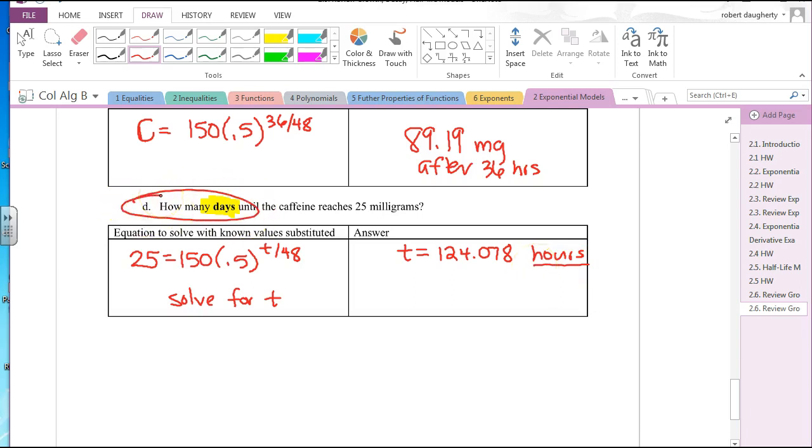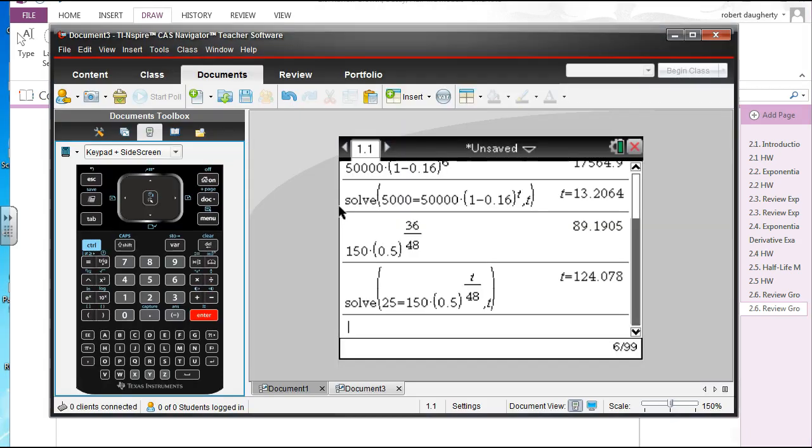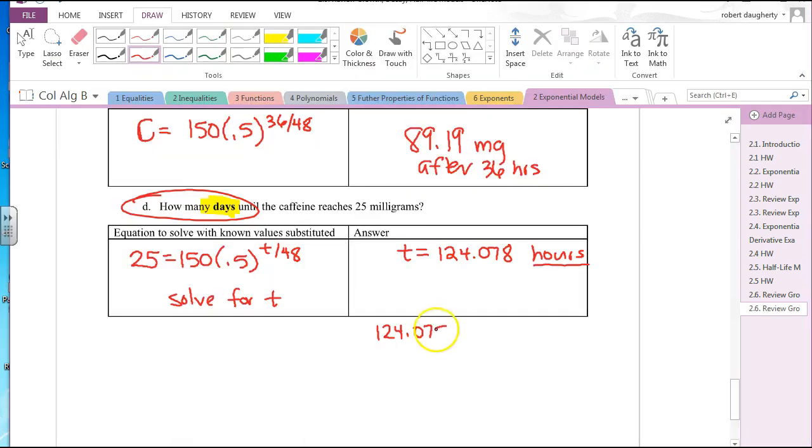How many days? Okay, I need to convert hours to days. So 124.078 hours. I know that there are 24 hours in one day. So when I multiply this out, my hours will cancel.